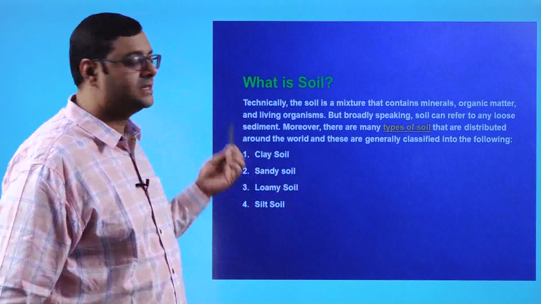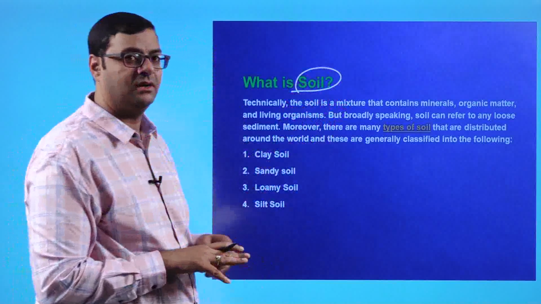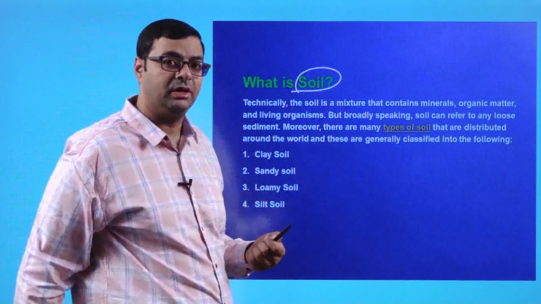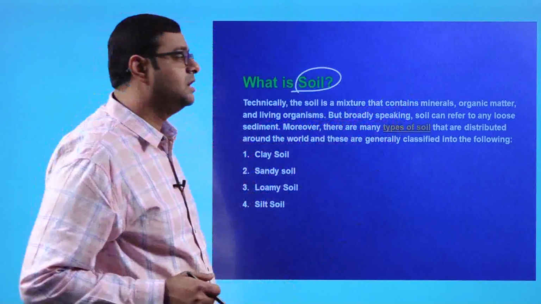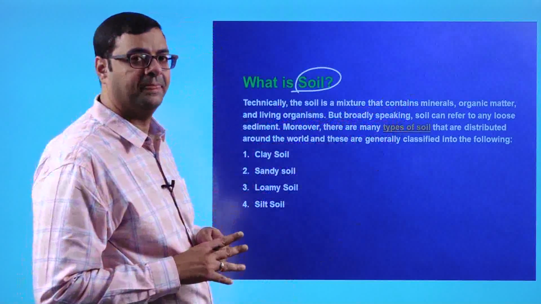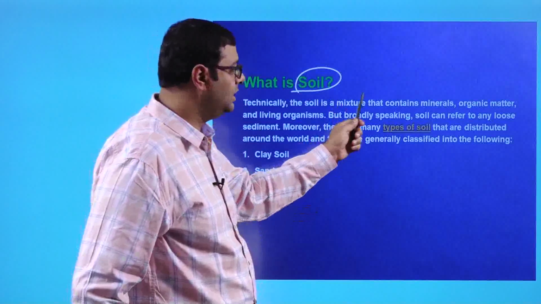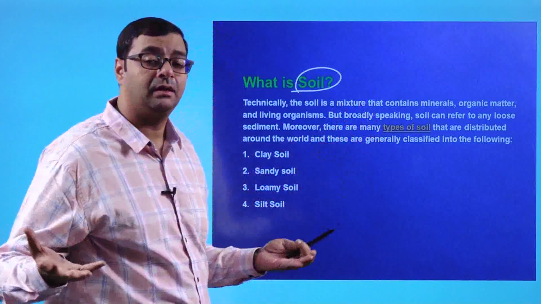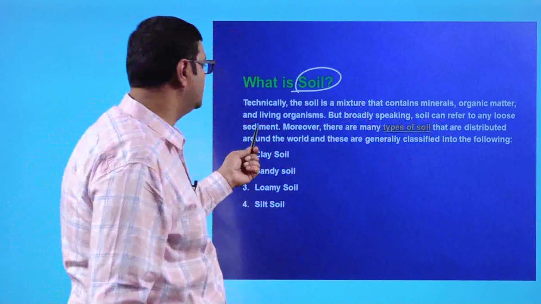So if we look at soil in a big picture, technically soil is a mixture that contains minerals, organic matter, and living organisms. Then broadly speaking, soil can refer to any loose sediment.